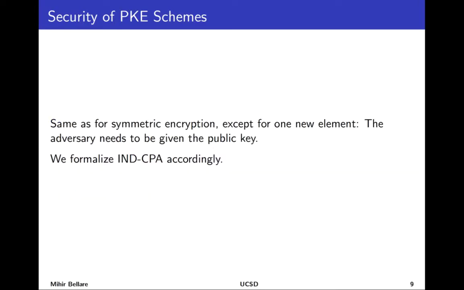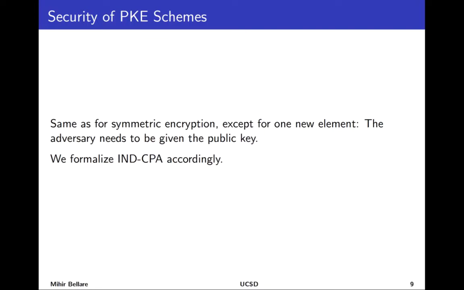So now that we have a syntax, the next step, of course, is to ask what's the security requirement. We have not yet given any examples of these objects, but we are studying them abstractly, and before we can evaluate examples, we'd like to see at least what we want in terms of security.